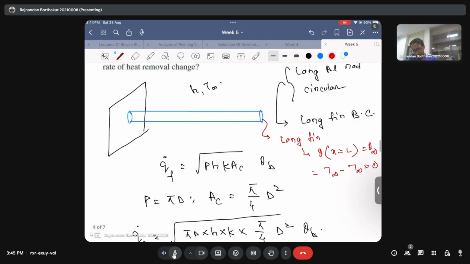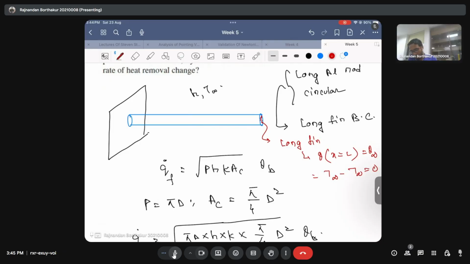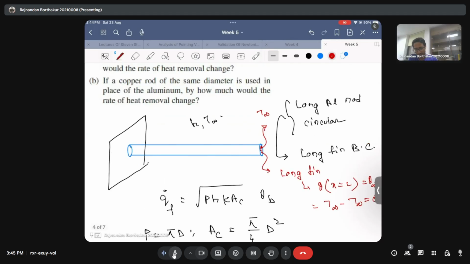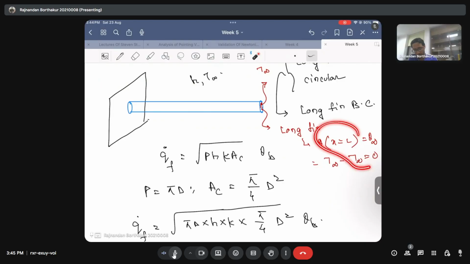It means that the fin is so long that upon reaching this length L, all of the heat has been dissipated to the ambient, which means that the tip also has the temperature of ambient in case of a long fin. That is the implication of the fact that theta at x equal to L is 0.